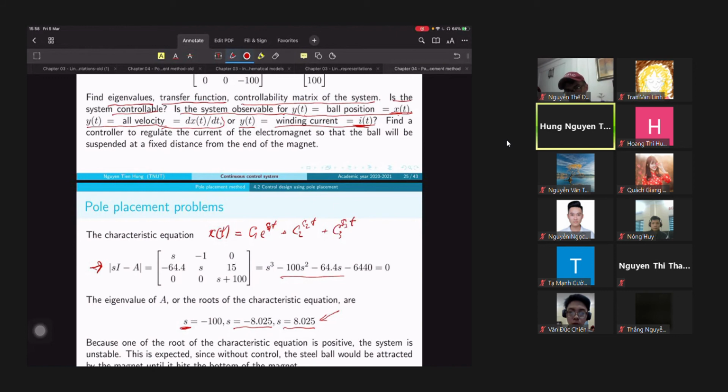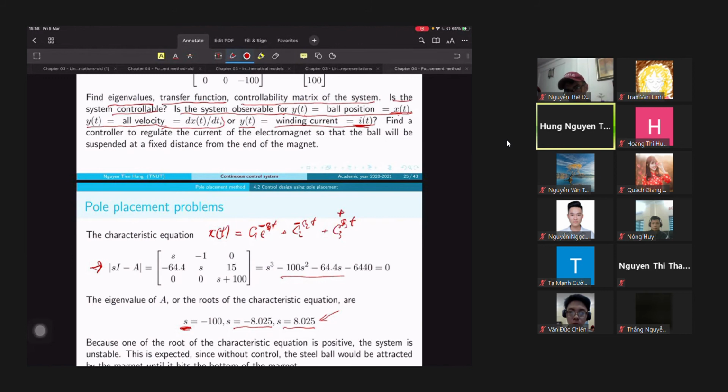In the first two cases, s is negative, minus 100, minus 8, but we got a positive one here. This is a positive pole.